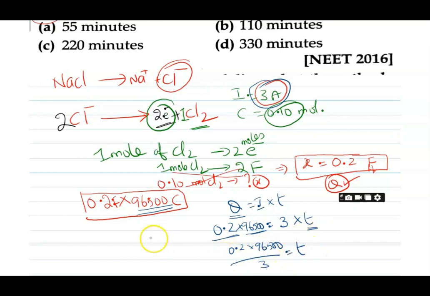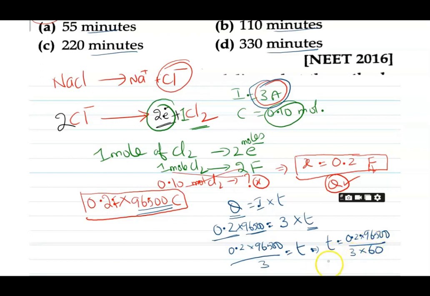When you solve this, you need your answer not in seconds but in minutes. So when you want minutes, you can just do it here itself. T is equal to 0.2 into 96,500 by 3 into 60, because 60 seconds is equal to 1 minute.